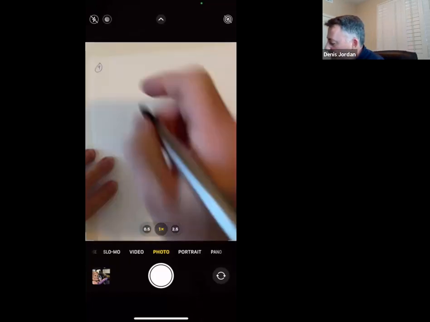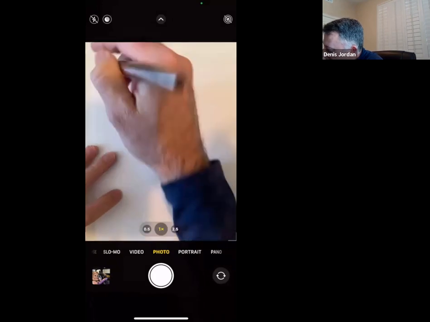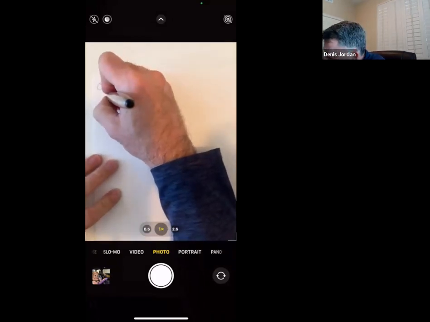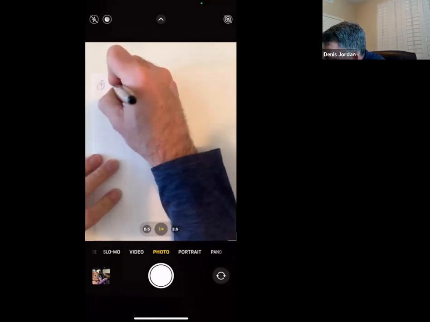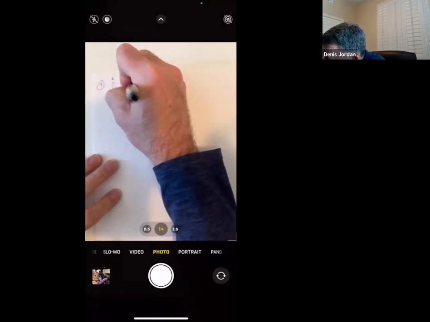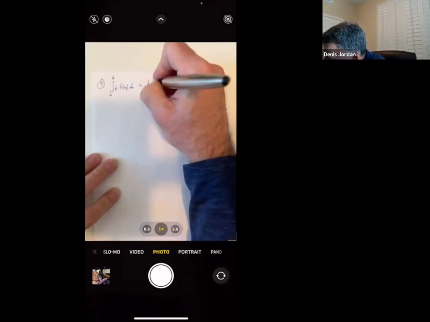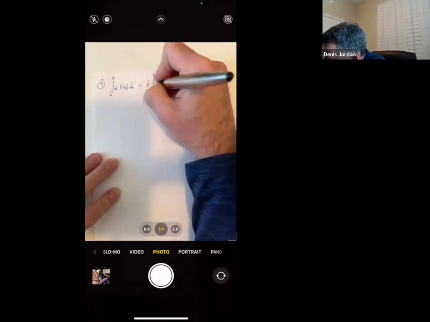Okay, so the first one: the integral from a to b of k times f of x dx, it's saying that's the same as k times the integral from a to b of f of x dx.